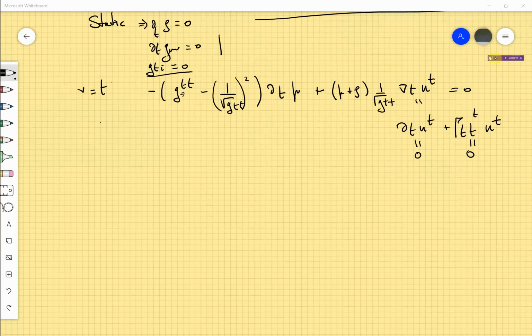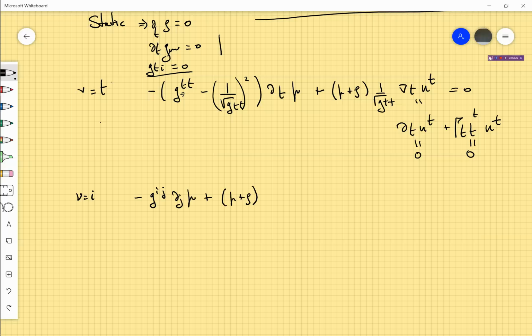Now let's consider the spatial components, nu equal to i. Again, because there are no mixed terms, the only possibility is that this is g_ij, and the part that depends on the velocities vanishes, so we only have minus g_ij, and automatically we have the partial derivative with respect to j of the pressure plus p plus rho.